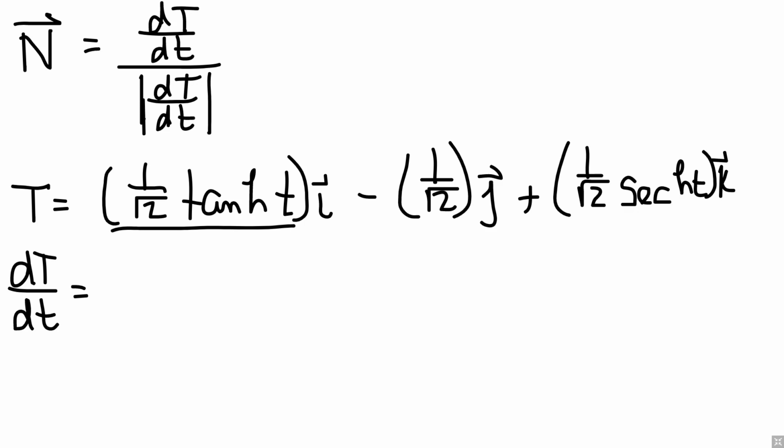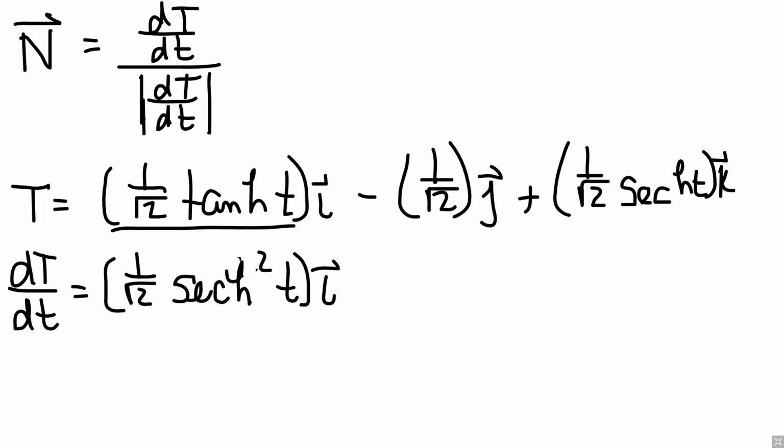One over root 2 hyperbolic secant squared of t in the i direction.